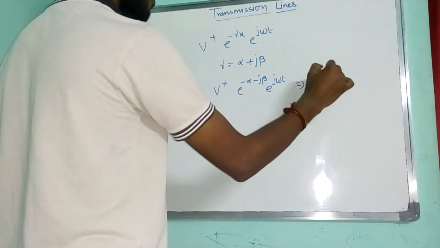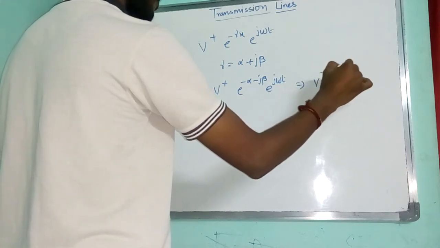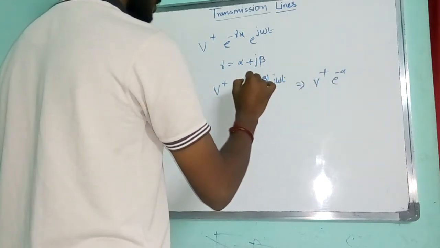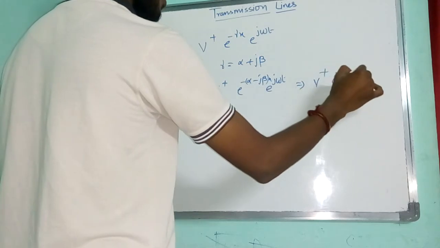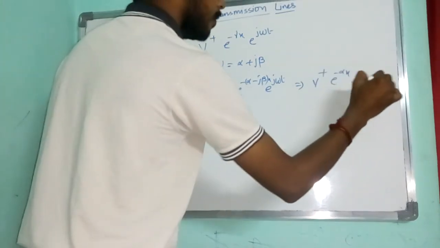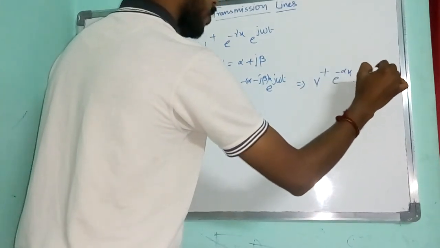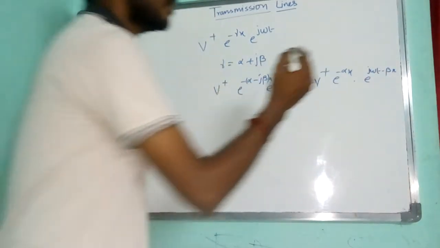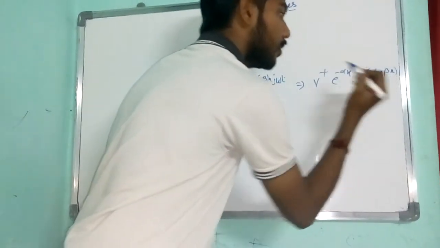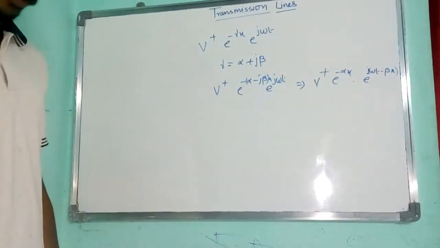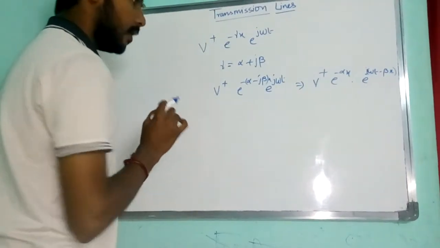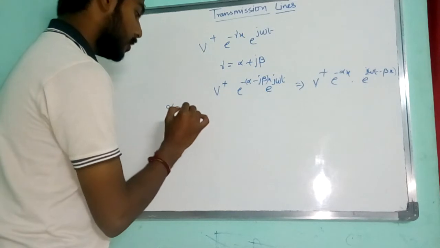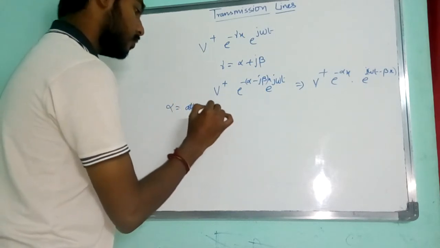This is V plus into e power minus alpha x into e power j(omega t minus beta x), right? Okay. Now here alpha is the attenuation constant.